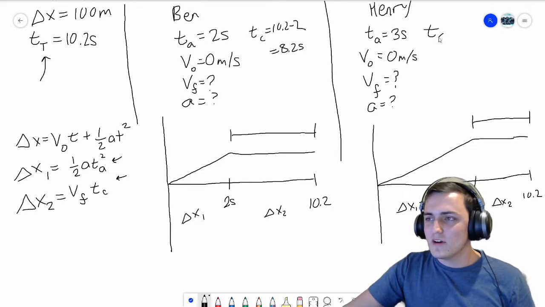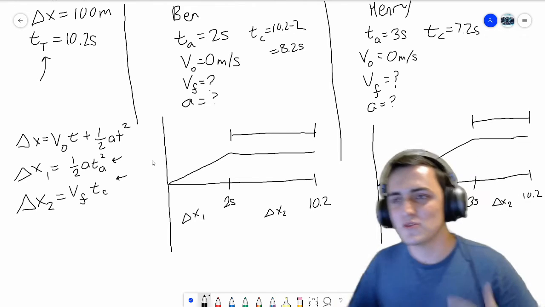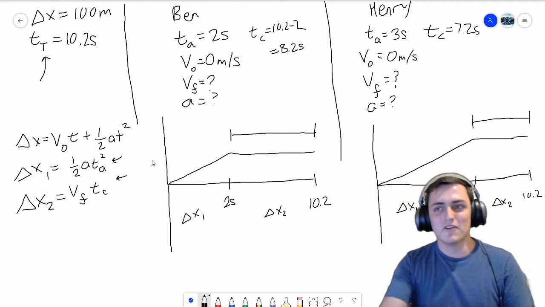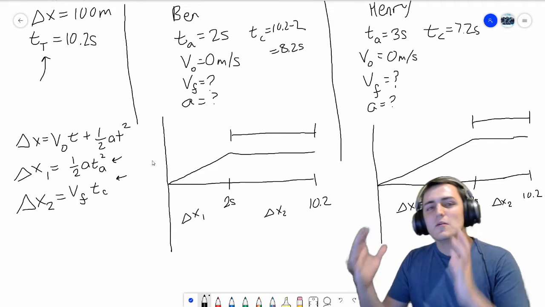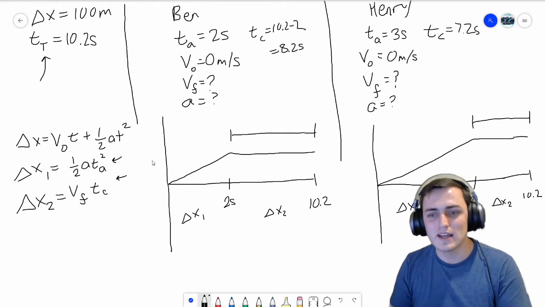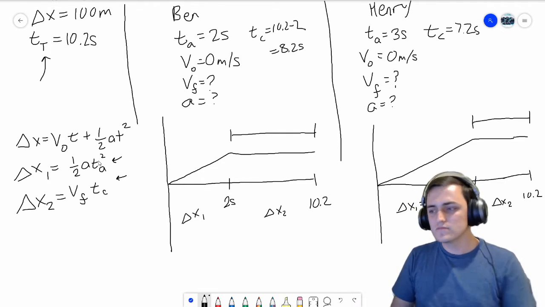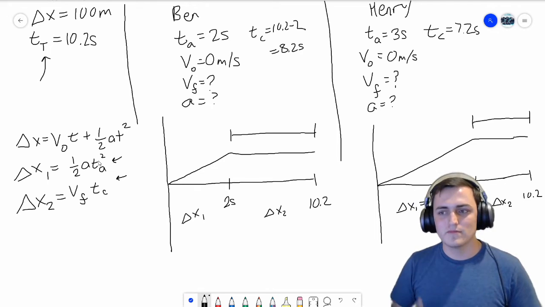And the time of constant speed for Henry is going to be 7.2 seconds. There we go. And so we need to distinguish between those two time periods, that they are accelerating for 2 or 3 seconds and then moving at constant speed for 8.2 or 7.2 seconds. Now both of these equations, delta x1 and delta x2, are going to help us describe the total displacement of both runners.